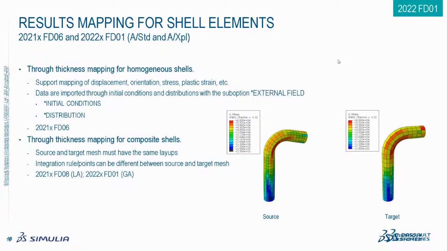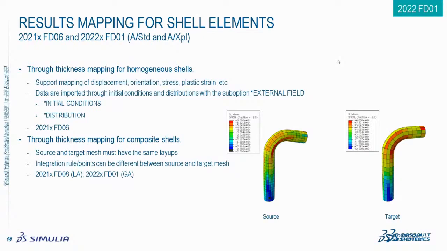This is an extension of that now. The external field capability is now able to map shell through thickness results on shells for homogeneous shells and also for composite shell elements.